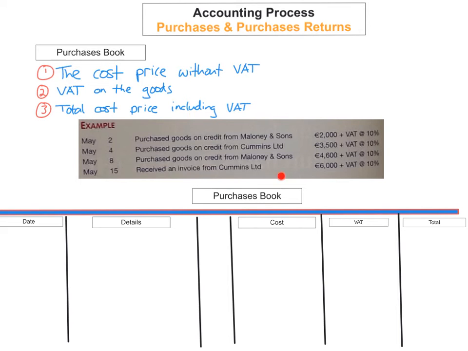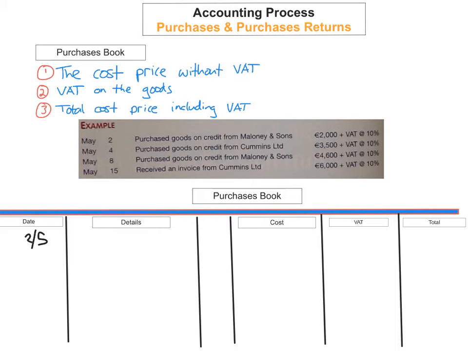Okay, now I've got my ledger out, and I'm going to input the details into my purchases book. The first one: on the 2nd of May, we purchased goods on credit from Maloney and Sons for €2,000 plus 10% VAT. So I'm going to say the 2nd of the 5th.